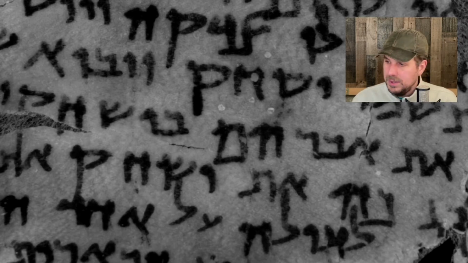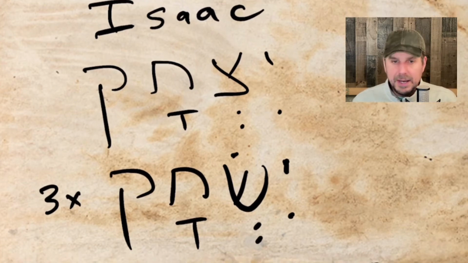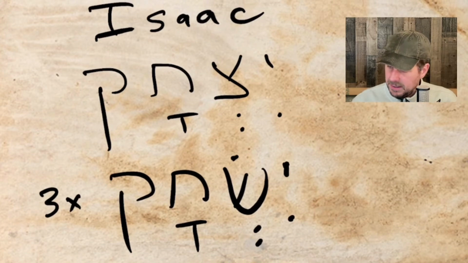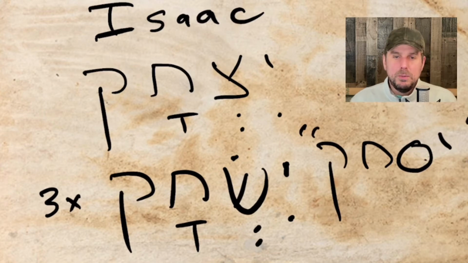So what we see then is another type of spelling of the name Isaac, Yod, Samek, Het, Kuf, Yitzchak. So, we've got some variation here on how to spell the name Isaac.